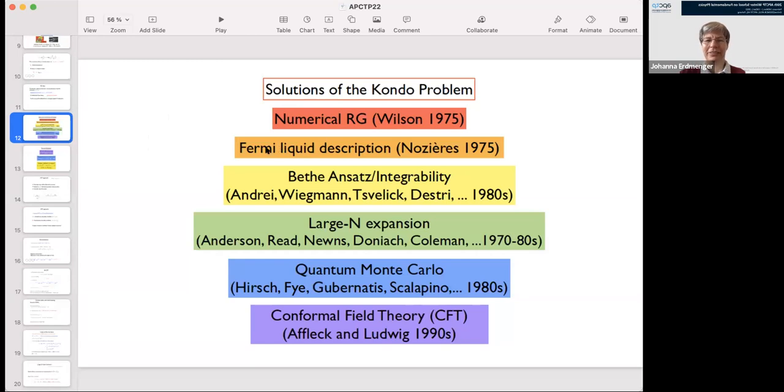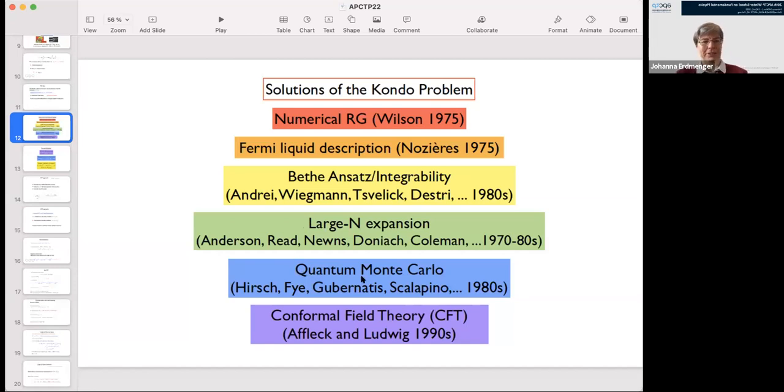Then you can describe this as a Fermi liquid with this boundary term. Then there's also a solution of the Kondo model using the Bethe ansatz and integrability, which is also very interesting. And then, as I will come to, you can also consider the large N expansion. So far I talked about electrons and spins that have spin one half, but we can also take a spin with many more components and consider a large N expansion.